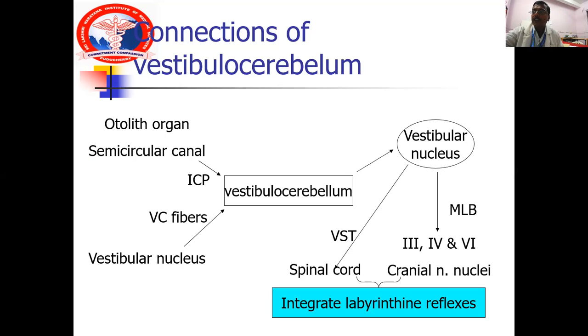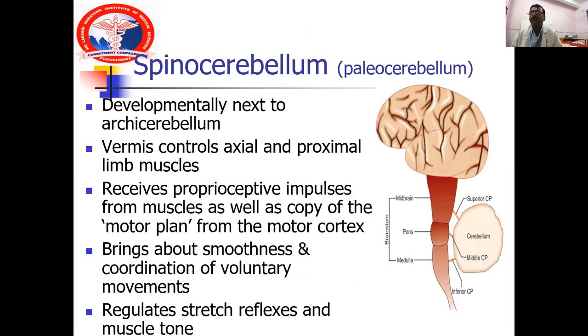And output from the vestibular nucleus to cranial nerves 3, 4, and 6, and to the spinal cord via the vestibulospinal tract, and the fibers rising from the vestibular nucleus to cranial nerves 3, 4, and 6 through the medial longitudinal fasciculus. Finally, all this together reaches the integrate labyrinthine reflexes.